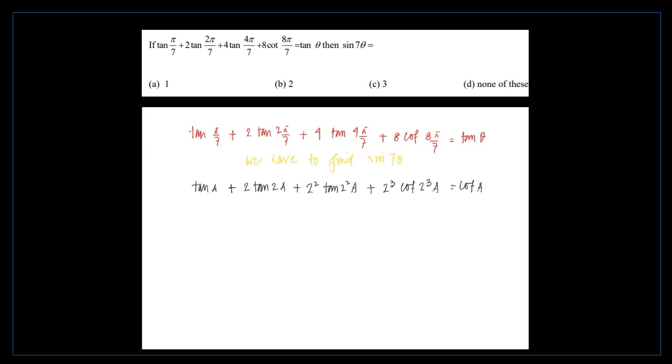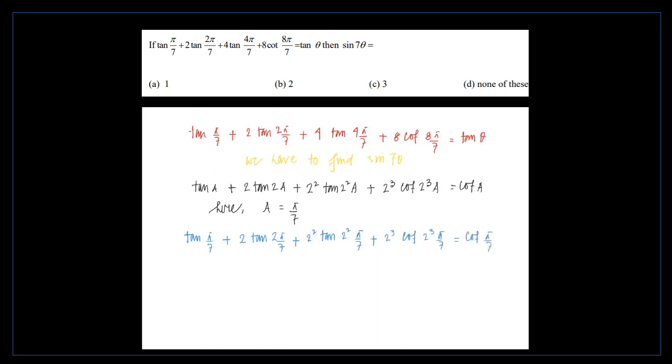So here, if we just correlate A equal to pi by 7, the whole expression should be reduced to cot pi by 7. So the given expression tan pi by 7 plus 2 tan 2 pi by 7 plus 2 square tan 2 square pi by 7 plus 2 cube cot 2 cube pi by 7 is equal to cot pi by 7.